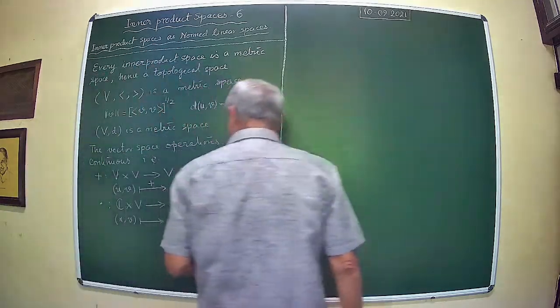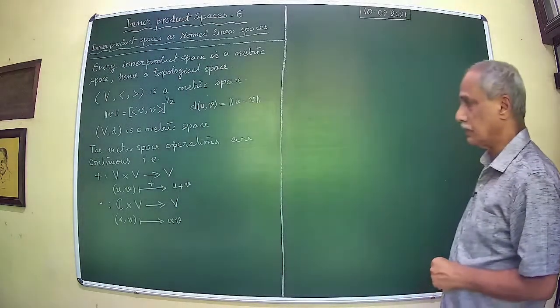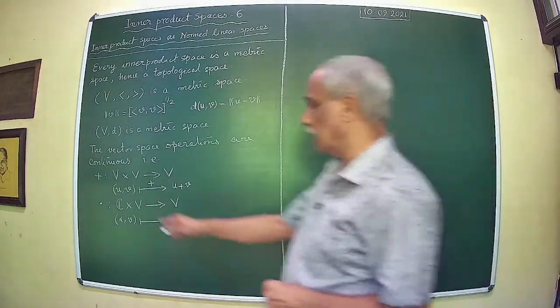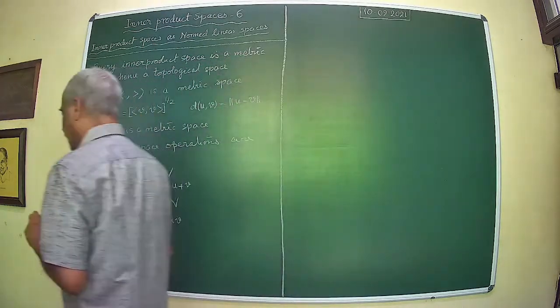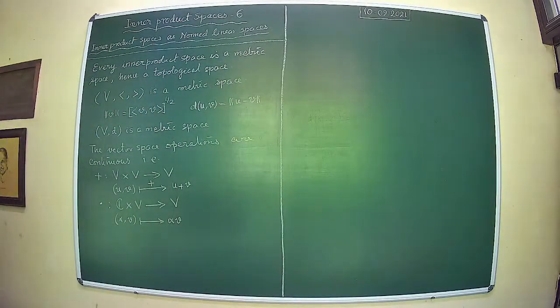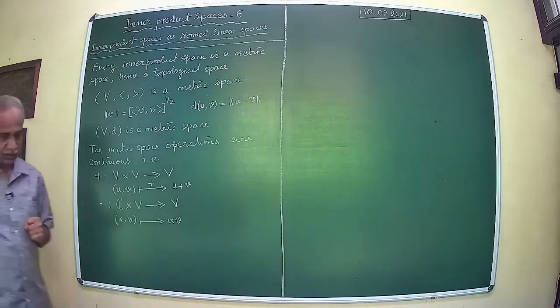These are the maps that we have. We want to assert that both these, plus as well as scalar multiplication, are continuous functions.